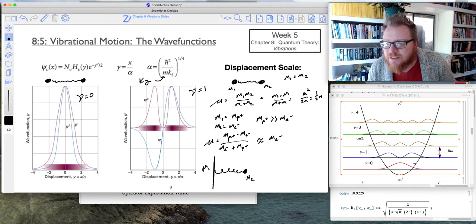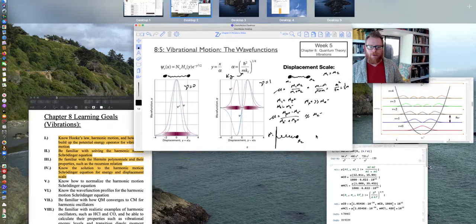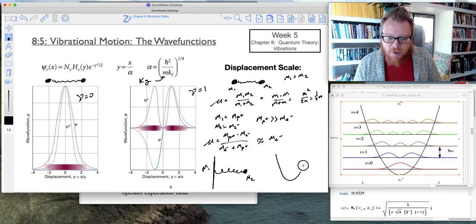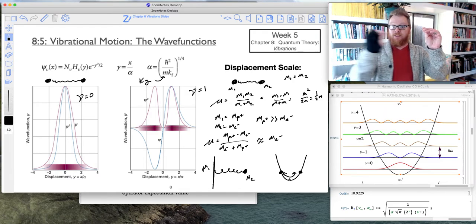So now as you look at this model, what I want you to imagine is that nowhere in this picture is the proton, okay? Rather, if I go back now and we think about this picture right here, so here's my potential energy, okay? My electron is really just oscillating back and forth between those two turning points.